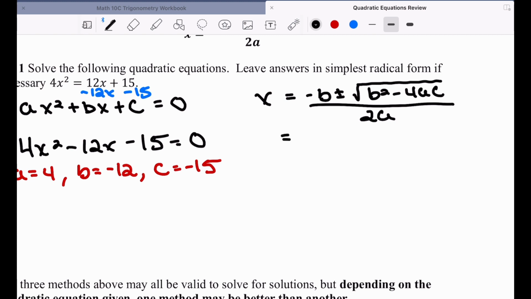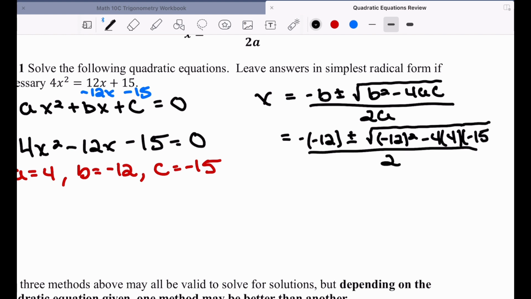Plugging in the values, I get negative negative 12 for b, plus or minus the square root of negative 12 squared minus 4, and then a was 4, c was negative 15, and this is all over 2 times 4 for a.